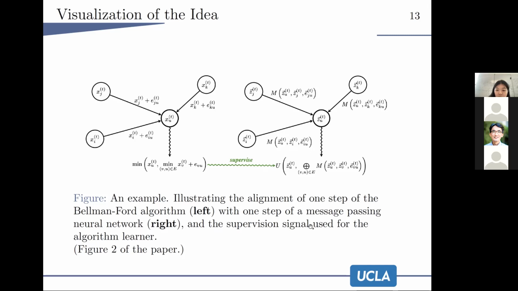We will mention that the message passing neural network is the type of graph neural network they actually use in practice. And the supervision signals come from the algorithm itself.